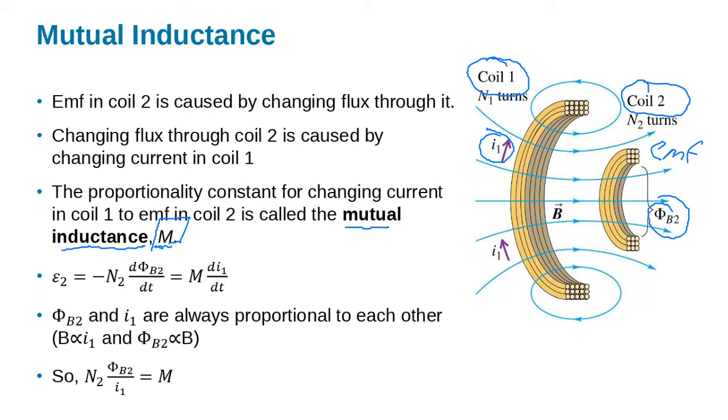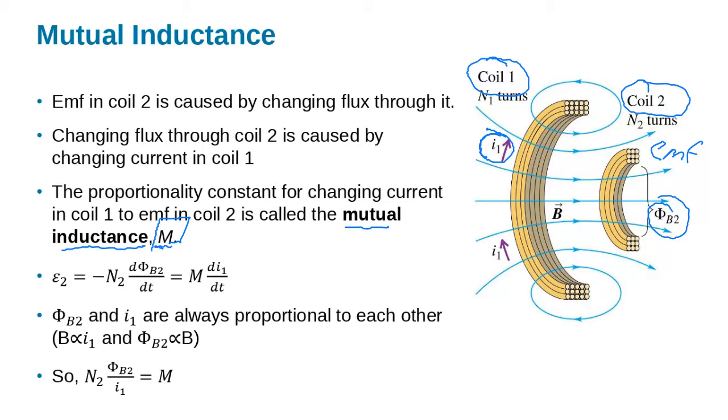If these two coils were very far apart, then they wouldn't be very good mutual inductors. We'd get very little EMF for a large change in current in coil 1, and that would mean we have a low mutual inductance M.